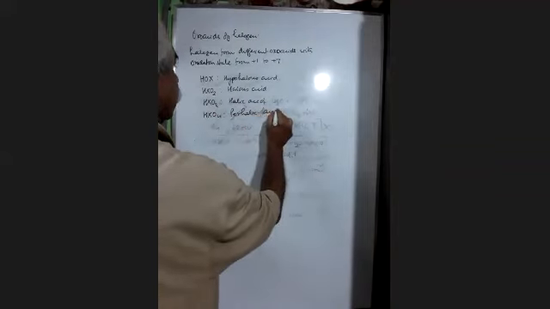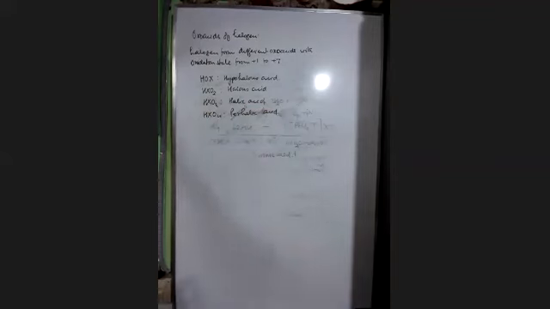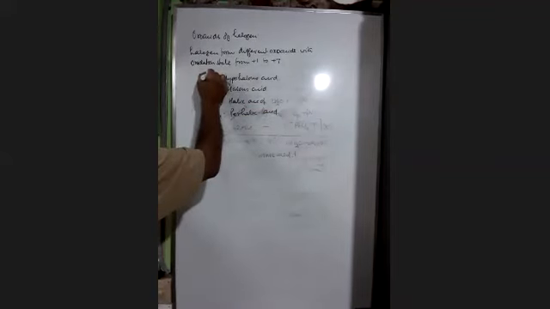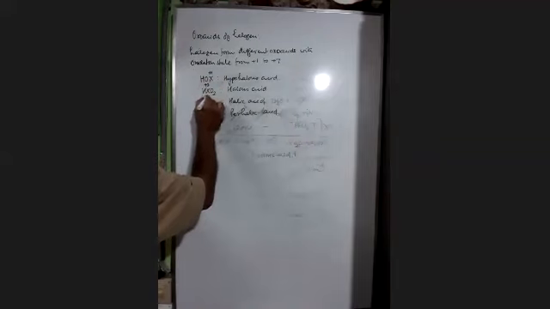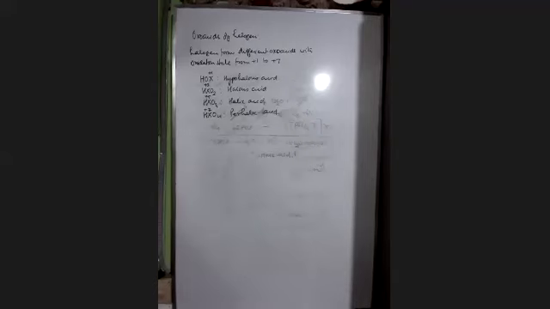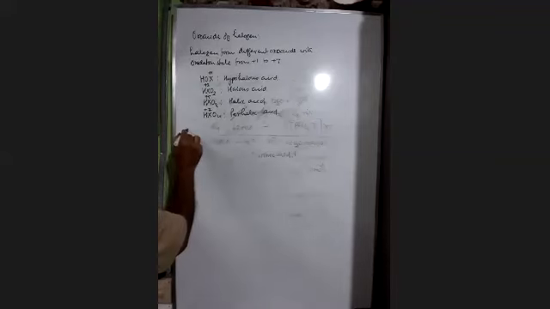Okay, on top of the halogen, I'll write down the oxidation state. So this is +1, this is +3, this is +5, and this is +7.